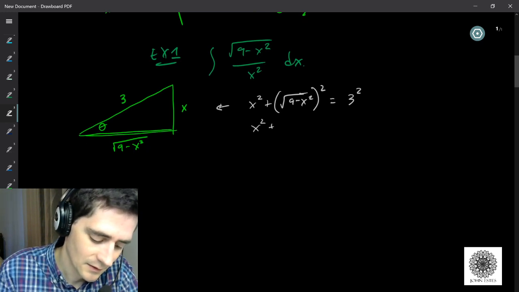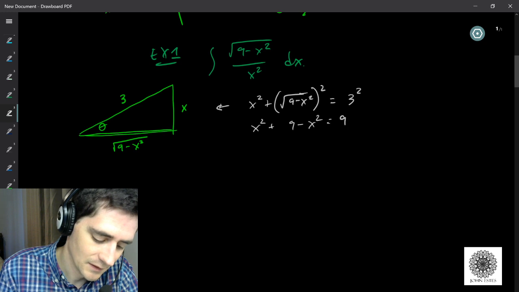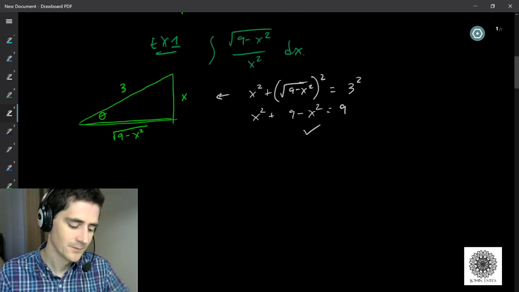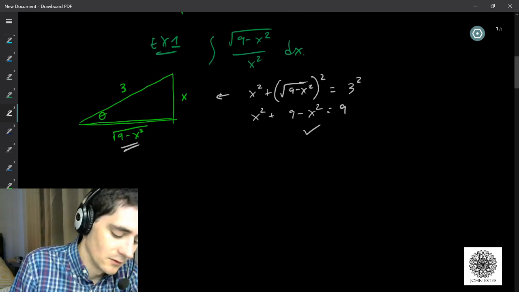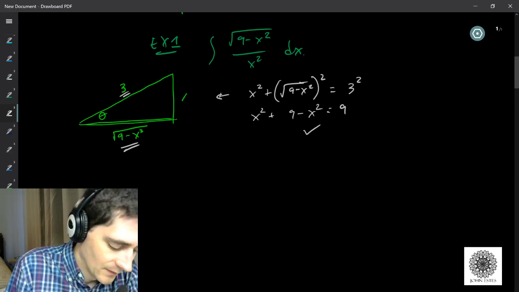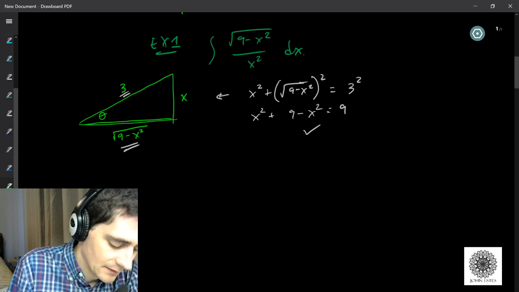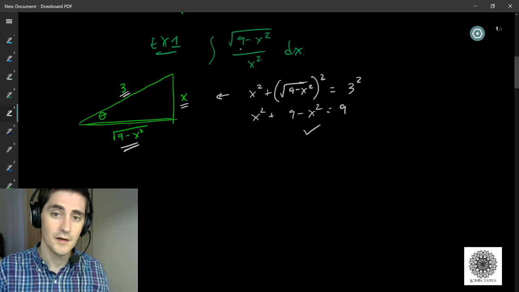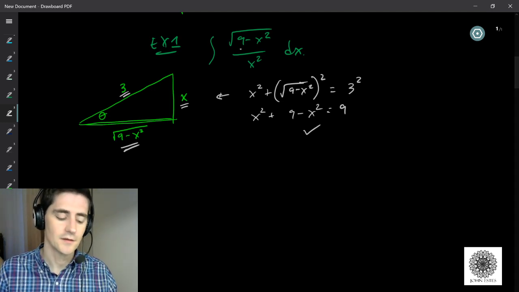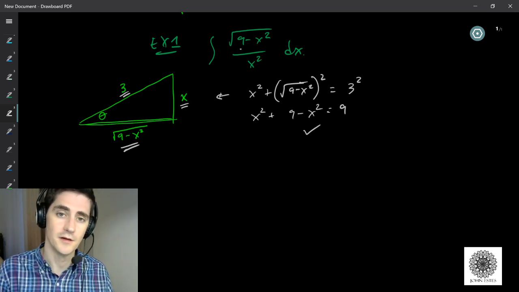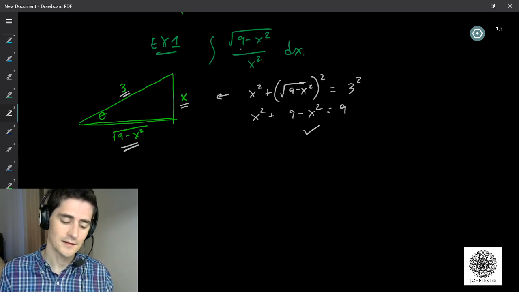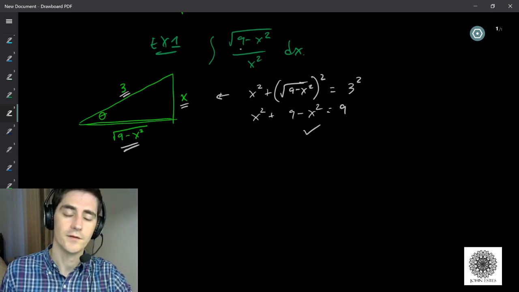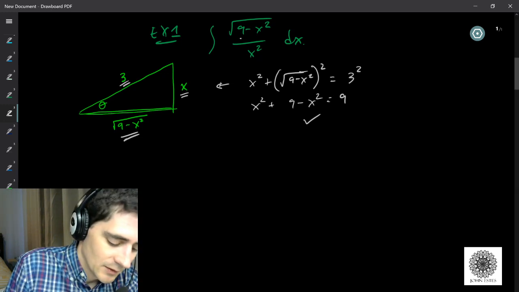That's x squared plus 9 minus x squared equals 9, and you can see that that's a true statement. So that's how we build this triangle according to the Pythagorean theorem. And the fact that in the square root I had the 9 first, minus something, told me that the hypotenuse was going to be the 3, the other side was going to be the x, and so this square root was the third side. Okay, so that's how I built this triangle.